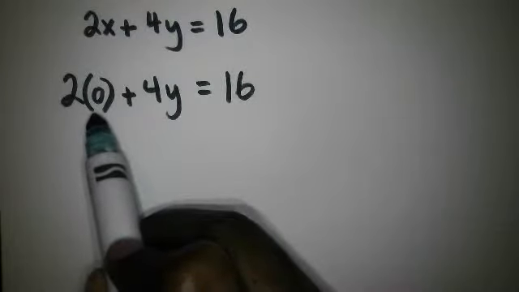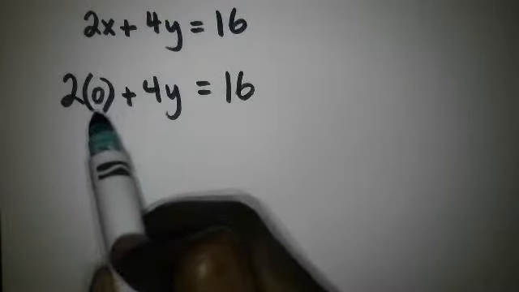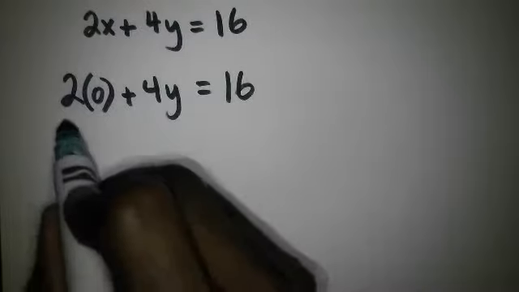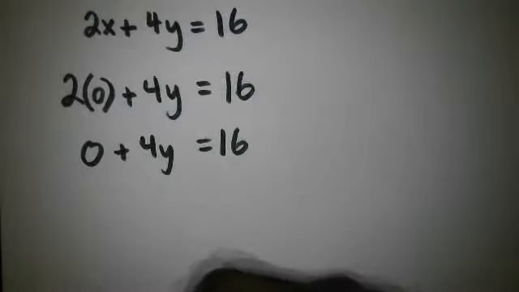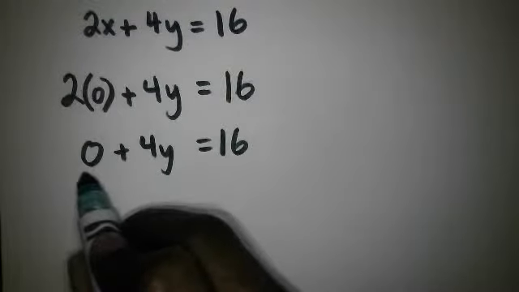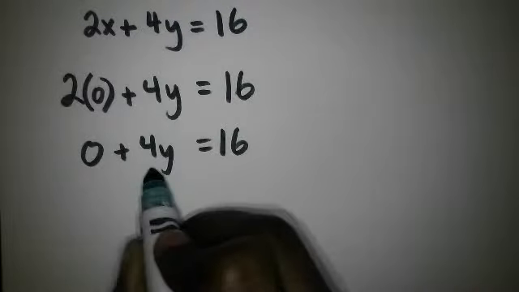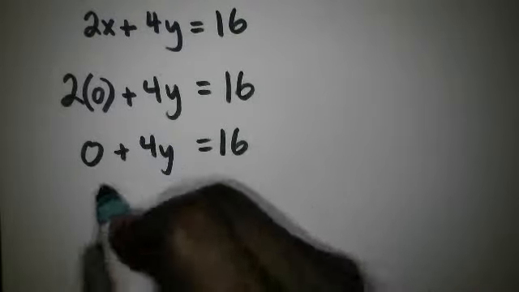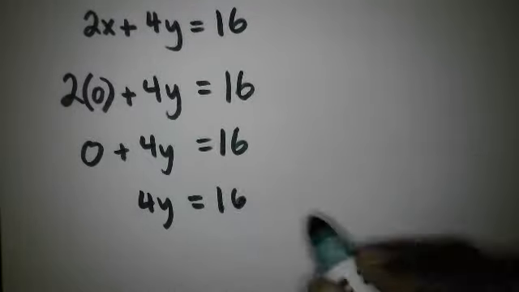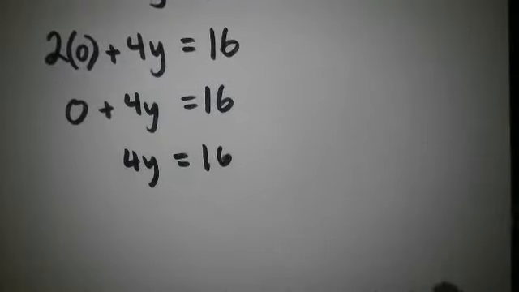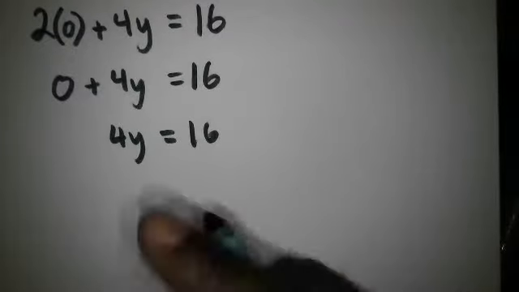Now 2 times 0 is just 0, plus 4y equals 16. Anything added to 0 is just itself, so 0 plus 4y is just 4y equals 16.